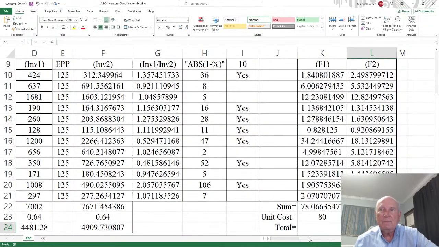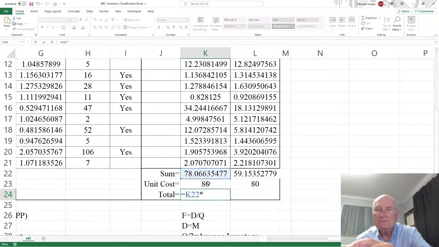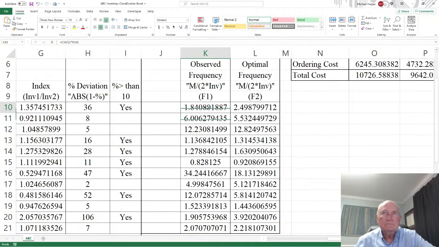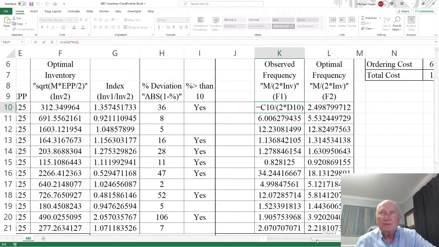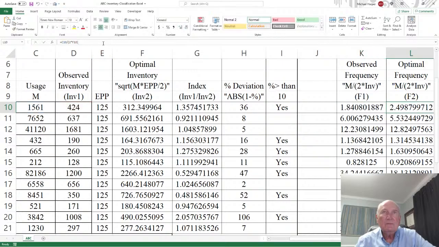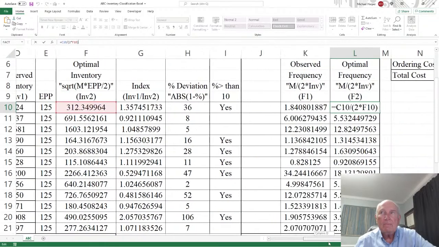There we go. Okay. And now this is going to equal this times this, equal this times this. And there's our costs. Okay, let me make sure I do this right. Yep.